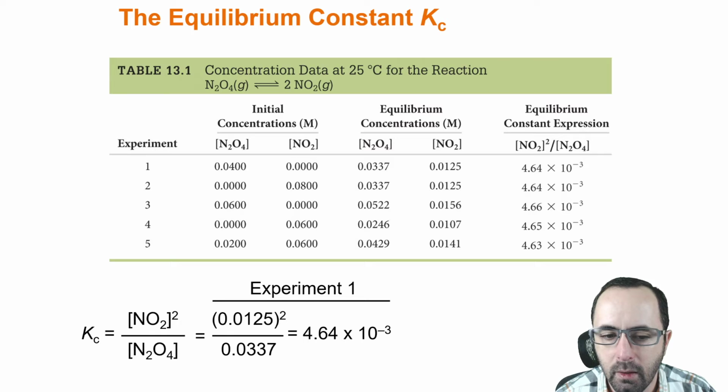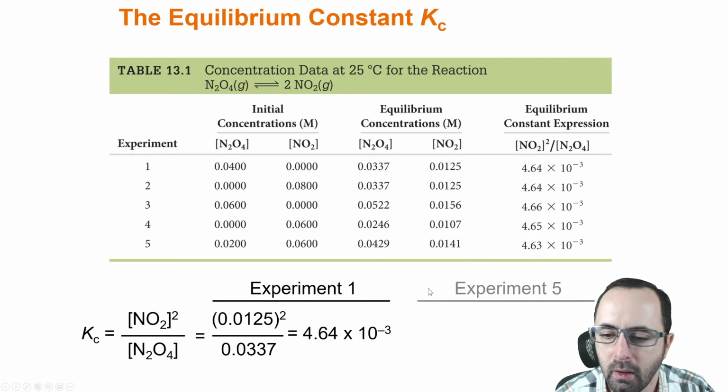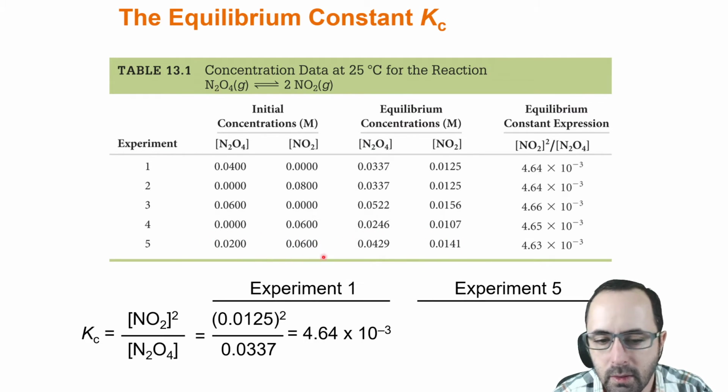Now let's calculate an equilibrium constant from our concentrations in experiment 5. In this experiment, we had significant amounts of both the reactant and the product, but it doesn't make a difference, because once they come to equilibrium, we get the same equilibrium constant if we calculate it from the equilibrium concentrations.